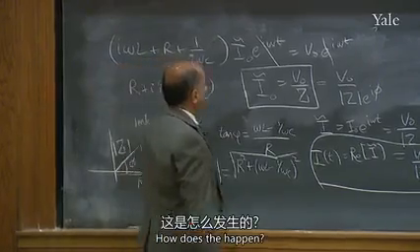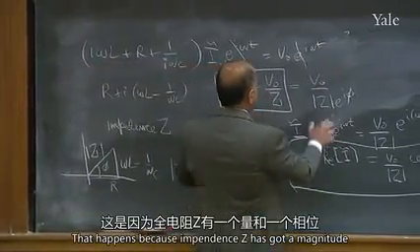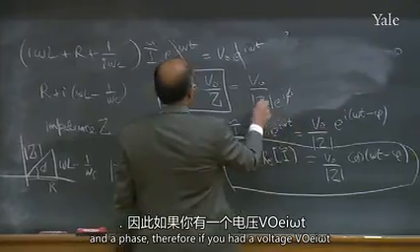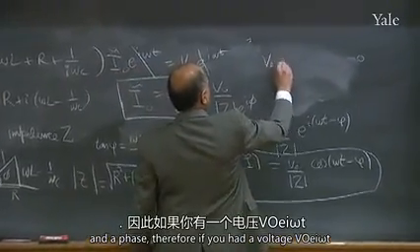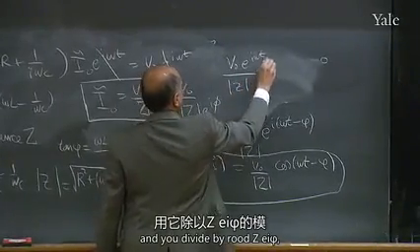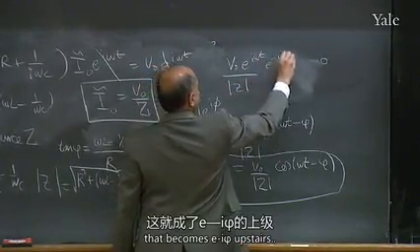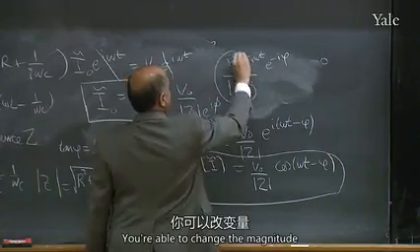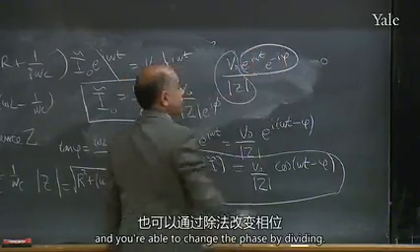How does that happen? That happens because the impedance Z has got a magnitude and a phase. Therefore, if you had a voltage V naught e to the i omega t, and you divide by mod Z e to the i phi, that becomes e to the minus i phi upstairs.